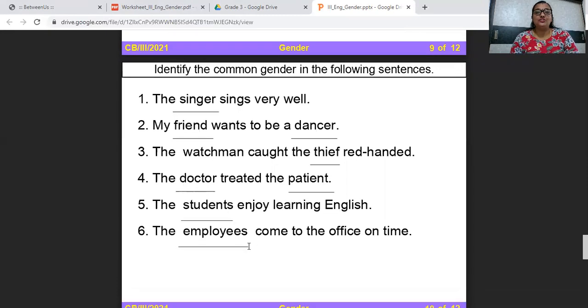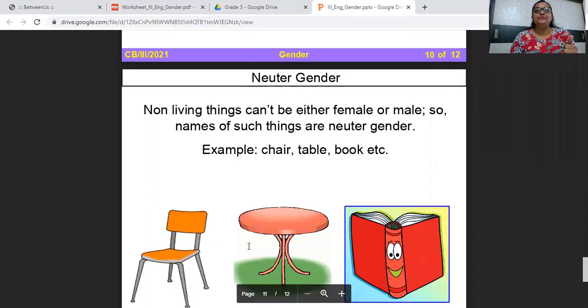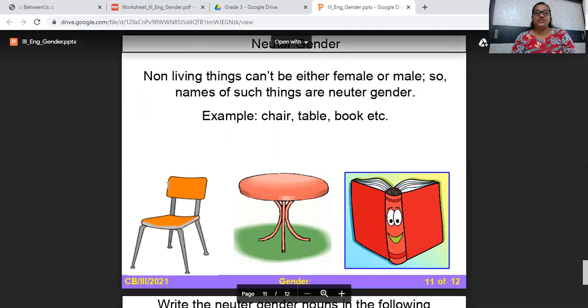Let's move on to the next and last type of gender, that is neuter gender. It's very easy. Neuter gender means it's neither a male nor a female. For example, all the non-living things come under the category of neuter gender. As you can see in the picture, the first one, chair.